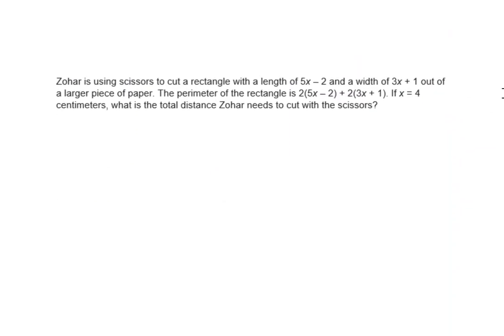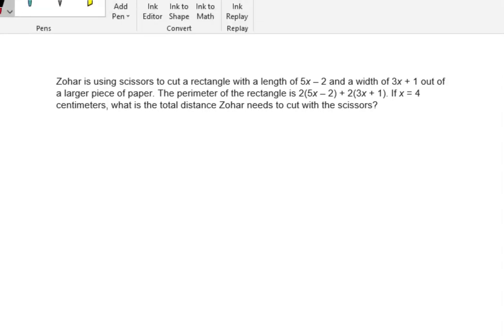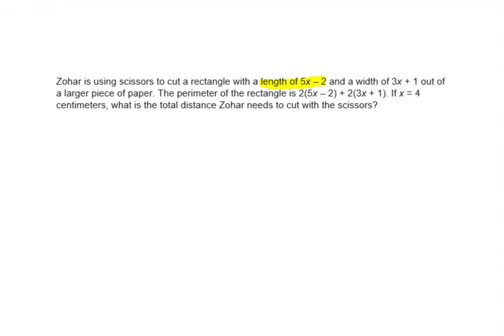And another problem, they didn't give you a picture this time, but they're still talking about perimeter. So we have a length of 5x minus 2 and a width of 3x plus 1. So this expression represents the perimeter.